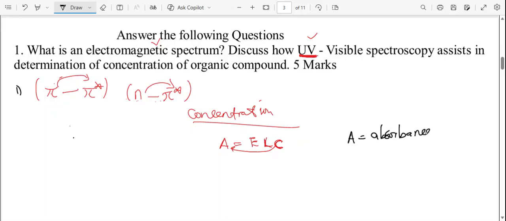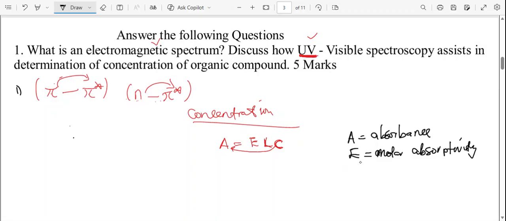You need to write this when you are writing the paper. Epsilon is the molar absorptivity.